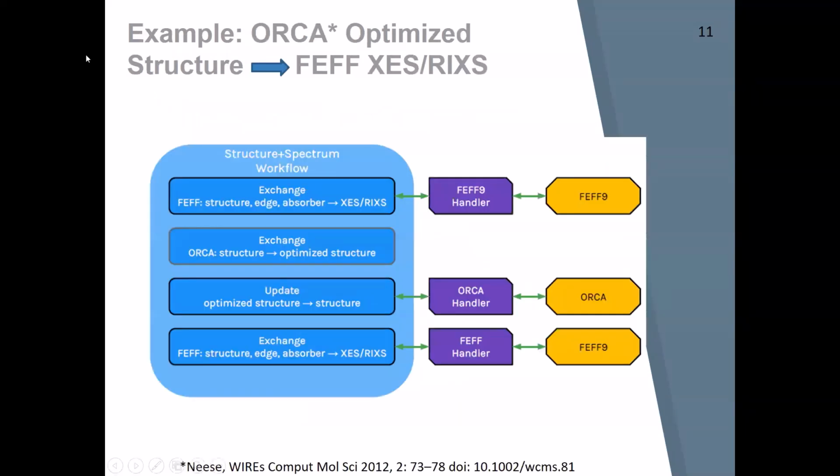So here's just an example. I'm going to give a few different examples here. This is the simplest example, where you just want to do an optimized structure and then pass it to FEFF to get some kind of spectrum. In this case, it calculates XES and RXES.